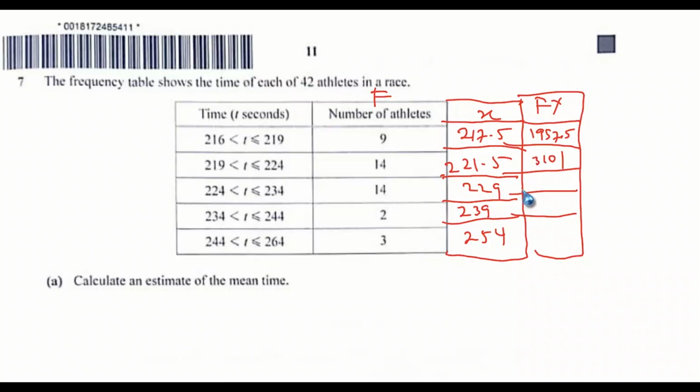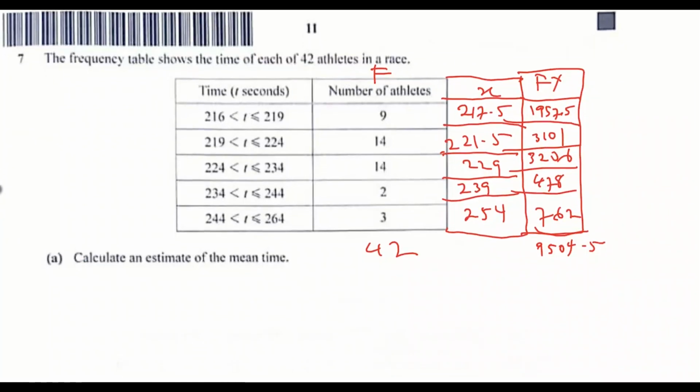Next one will be 3206. Then 4787.62. So the summation of the last column will be 9504.5. And already we know that we have 42 athletes, so summation f will be 42.